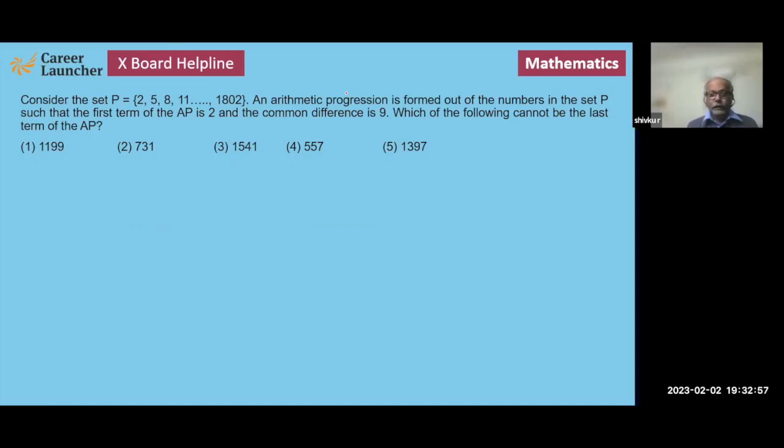So this question again is a combination of arithmetic progression and the concept of real numbers, right? The concept of real numbers is combined with the concept of progressions here. Okay, so I'll do this question.